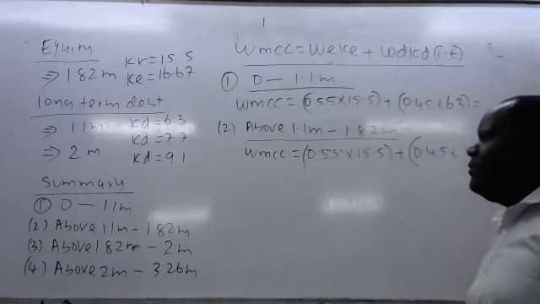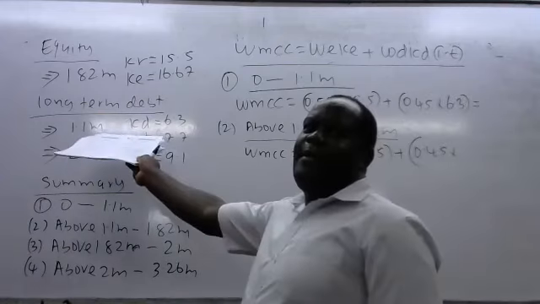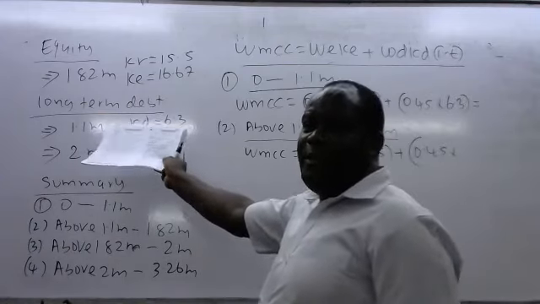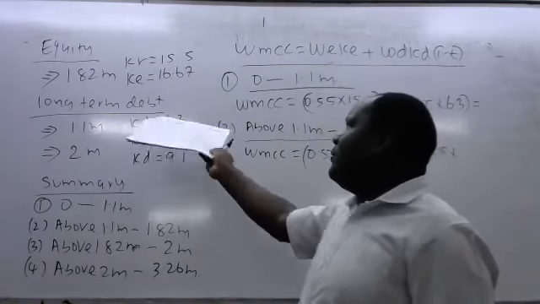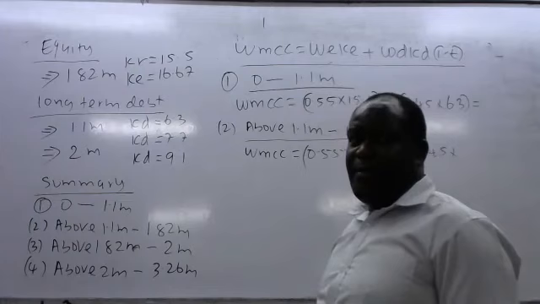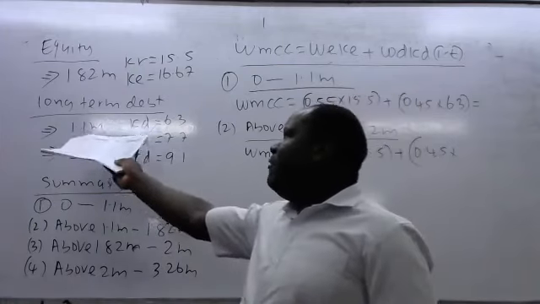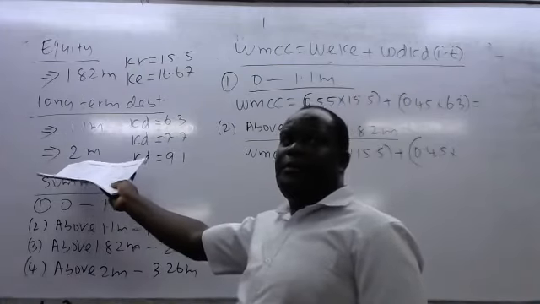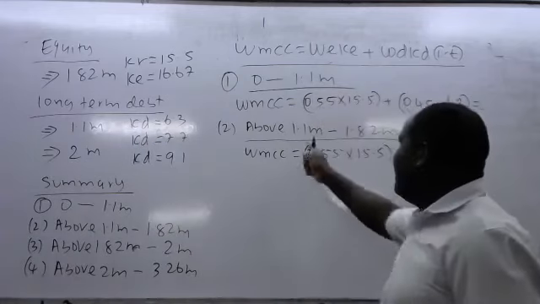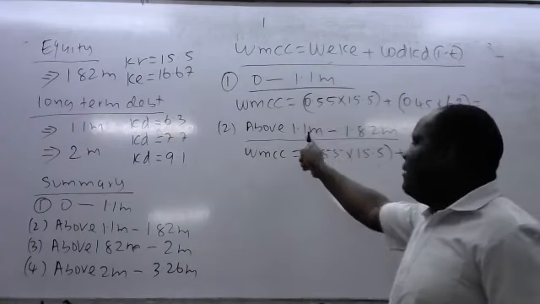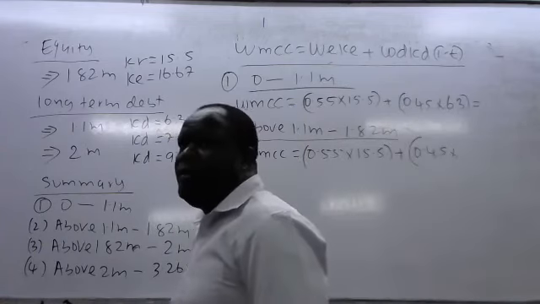But now you see under the debt, under the long-term debt, anything to do with 1.1 and below, it was 6.3. But anything above 1.1 to 2 million, you change to 7.7. So this one we are above 1.1, but we are still below 2 million.